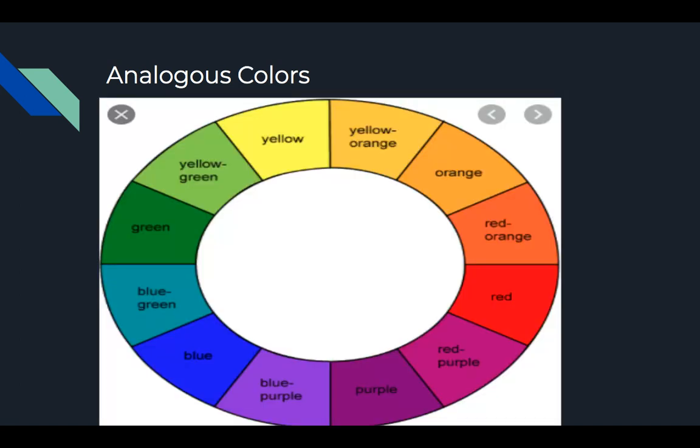For example, we have yellow, yellow-orange, and orange. All of these colors are considered analogous because they're right next to each other. We also have yellow-green, green, and blue-green. Those would also be considered analogous because they're sitting right next to each other.